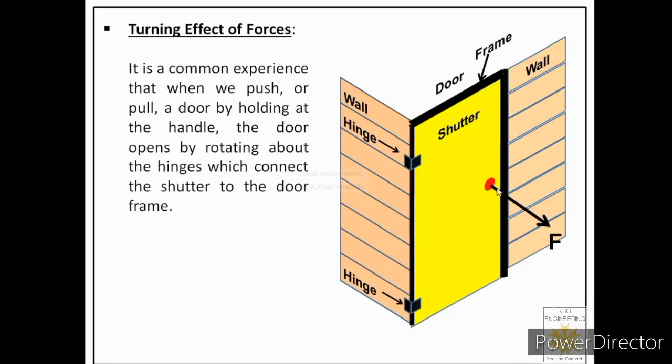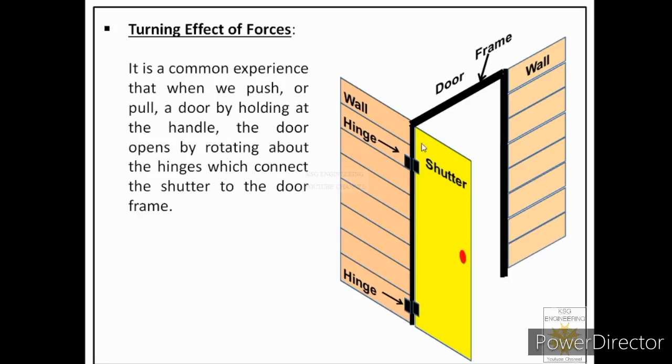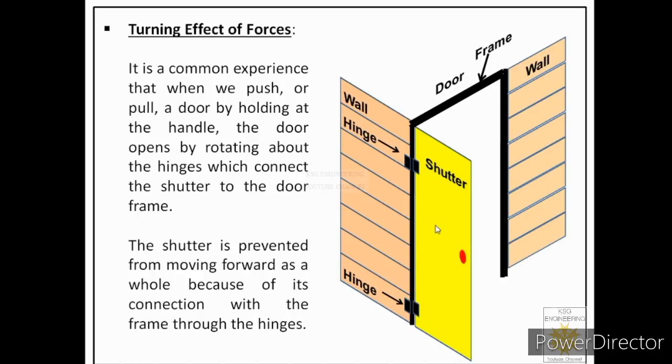So when we apply force on the handle of the door, when we push or pull a door by holding at the handle, the door opens by rotating about the hinges, which connect the shutter to the door frame. The shutter is prevented from moving forward as a whole because of its connection with the frame through the hinges.